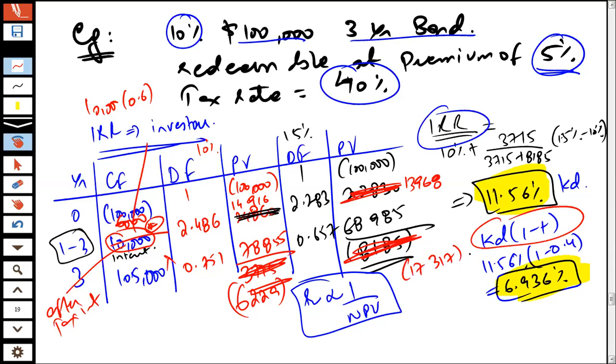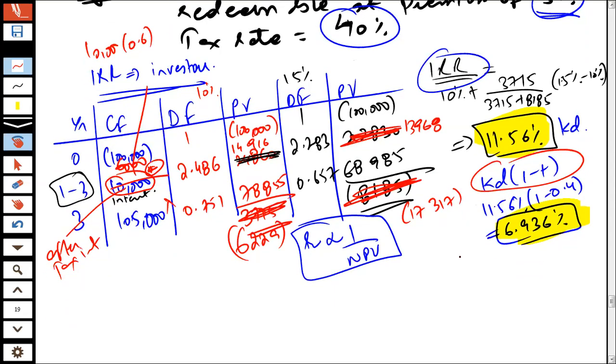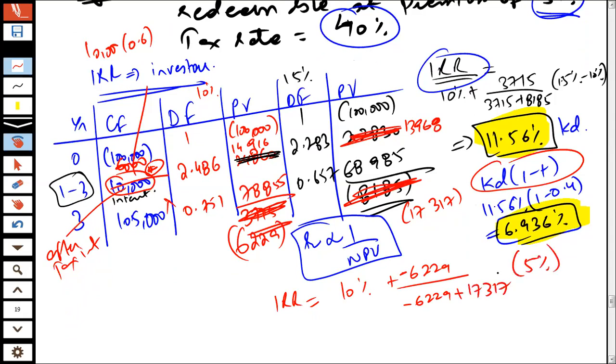And it's going to be 17,317. Now, if I calculate the IRR using these values, my IRR is going to be 10% plus minus 6,229 divided by minus 6,229 minus minus 17,317, into 5%.